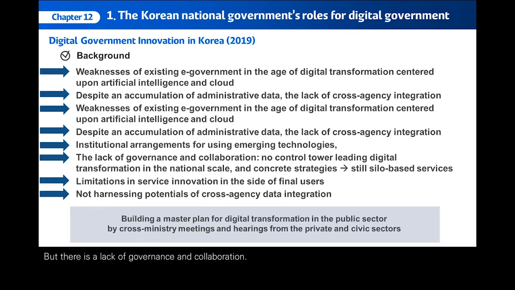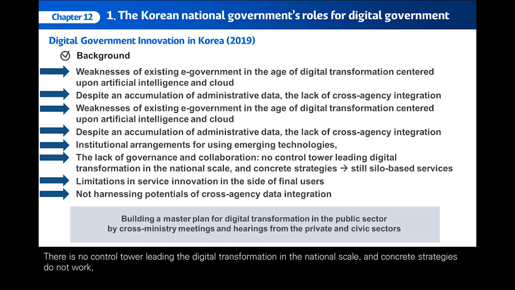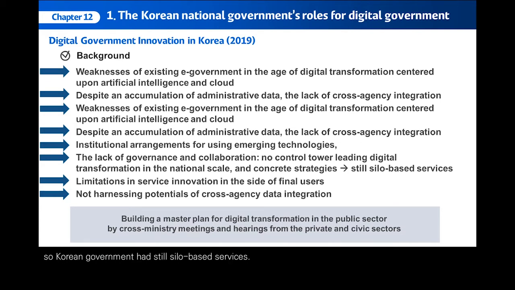There is also a lack of governance and collaboration. There is no control tower leading the digital transformation on the national scale, and concrete strategies do not work. So the Korean government still has silo-based services. So we need integration and innovation in the digital government strategies.